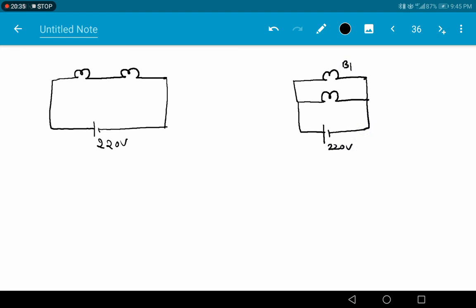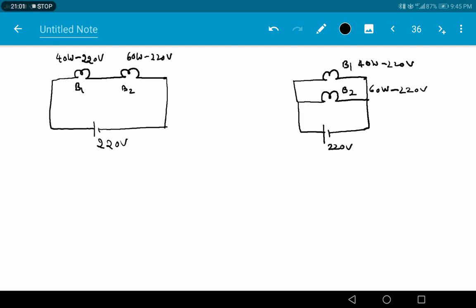So B1, B2, B1, B2. So this is 40 watt 220 volt, 60 watt 220 volt, 40 watt 220, and 60 watt 220. Now the question will be like this.